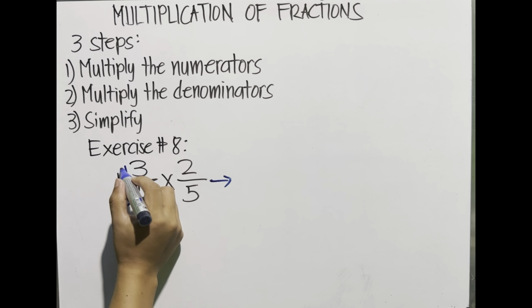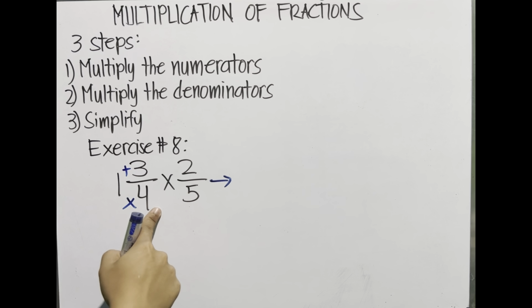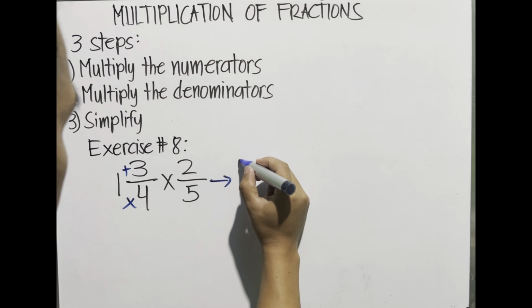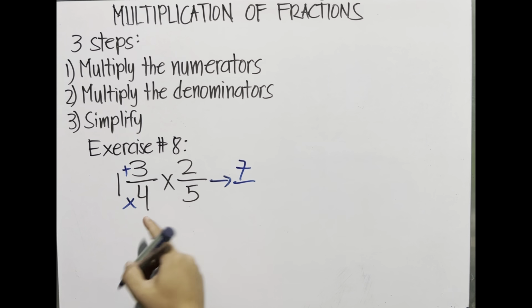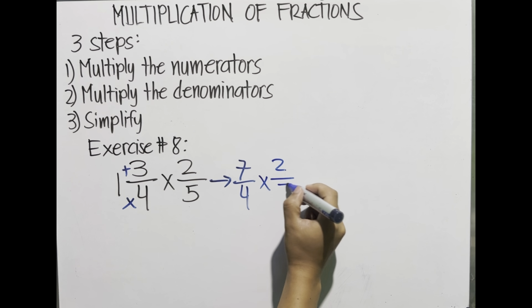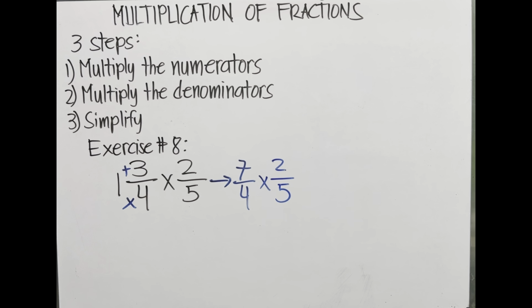Times lang tsaka plus. 4 times 1, that is 4, plus 3, 7. 7, copy the denominator, 4. Then, copyin natin times 2 over 5. Ayan, so okay na siya.